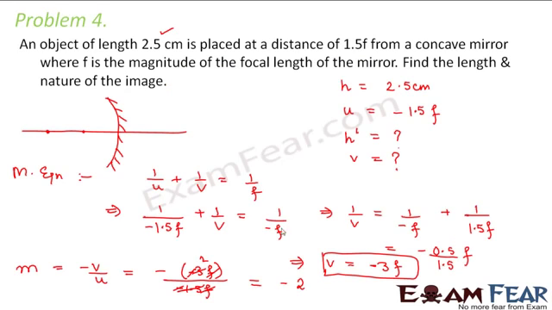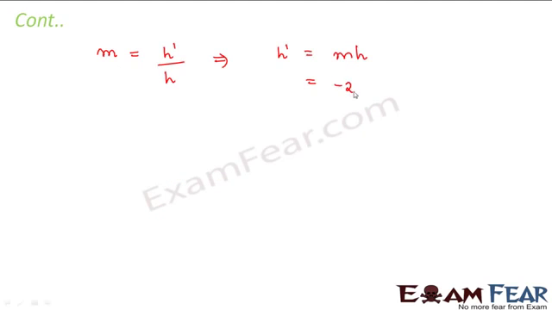Once I know the magnification and the height of the object, I can calculate the height of the image. Magnification is defined as height of image by height of object. So height of image is magnification into height of object. The magnification is minus 2, and the height of the object is 2.5 centimeters. So this will be minus 2 into 2.5 centimeters, which is minus 5 centimeters.